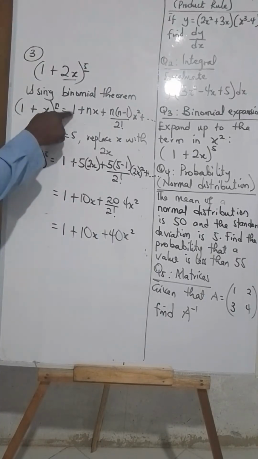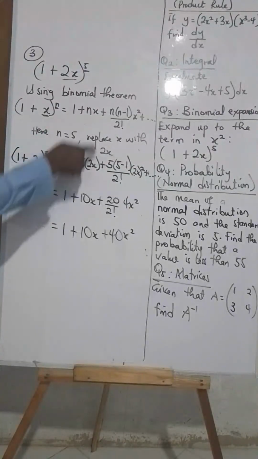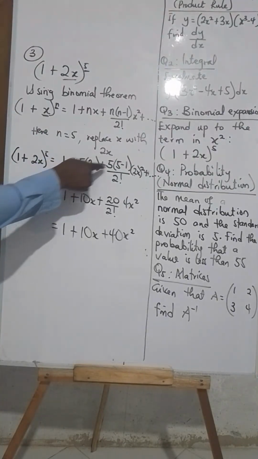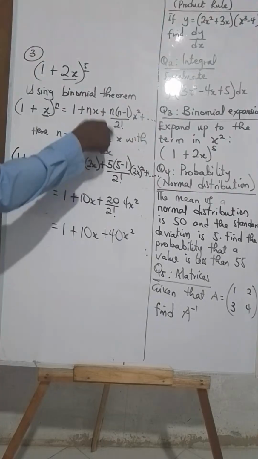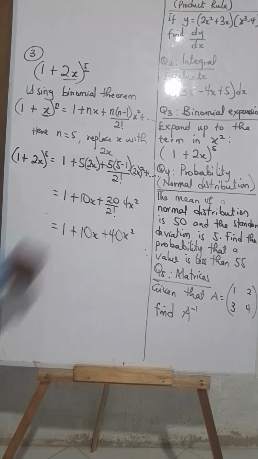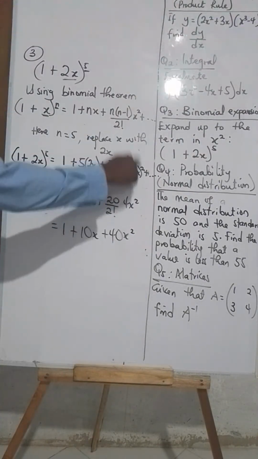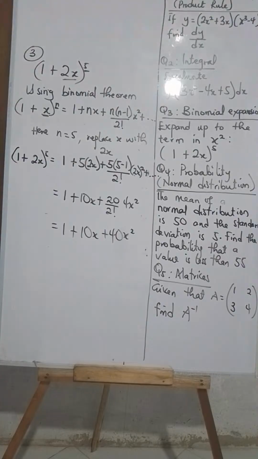So we have 1, the n is 5, the x is 2x, then 5 bracket open 5 minus 1 bracket close on 2 permutations, then we have 2x all squared, right?